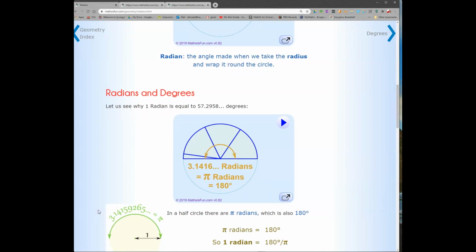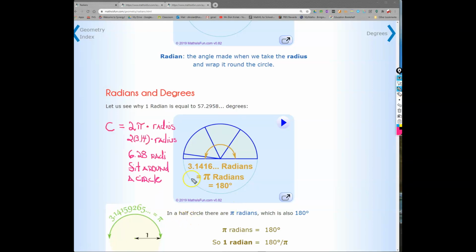Okay, how many radians would it take to go all the way around a circle? Well, it has to do with the formula for the circumference of a circle. The circumference of a circle is like its waistline. How far around the circle? So this is how we can figure out about how many of these little curves, these arcs, would it take to go all the way around a circle?